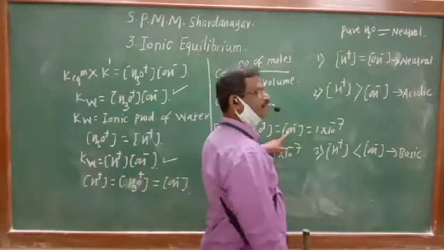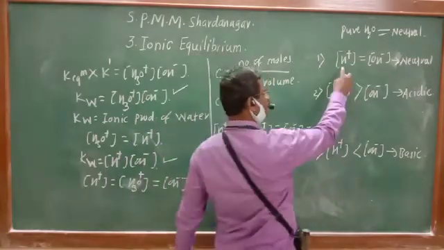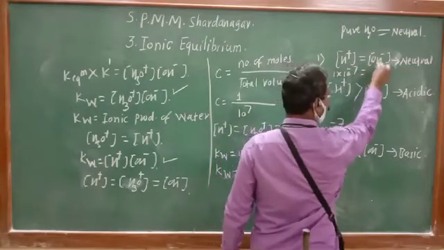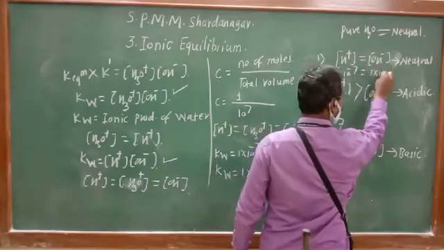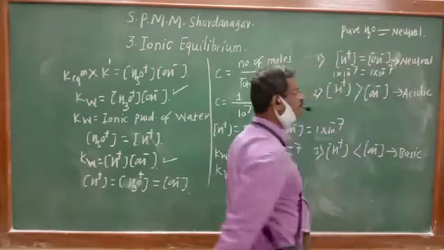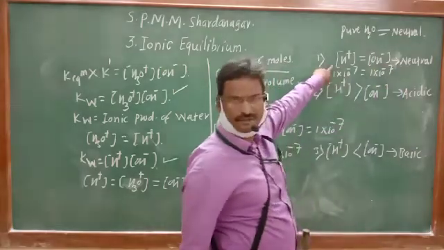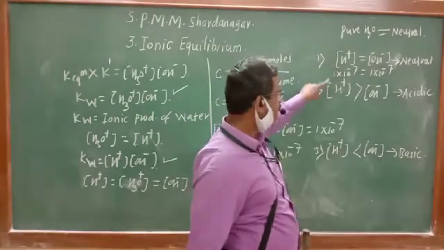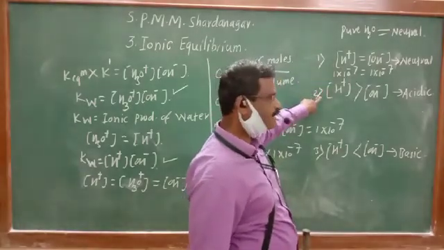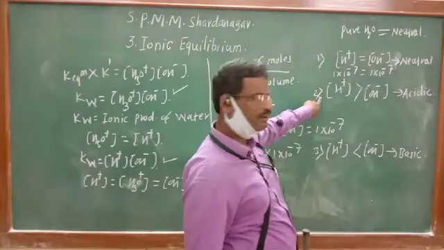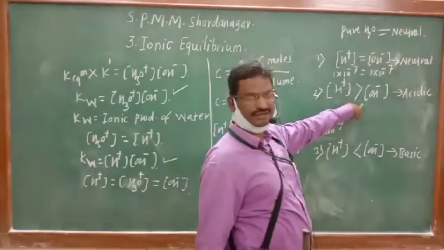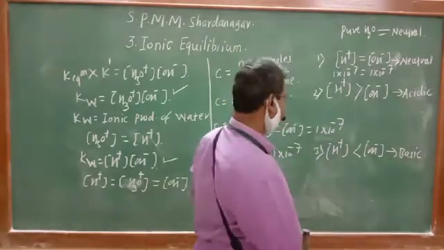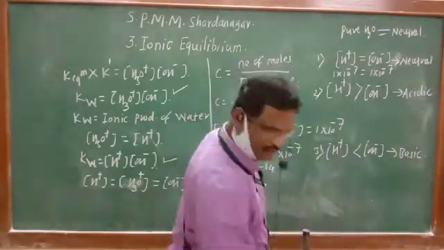So on the basis of the ionic product of water, H plus is 1 into 10 raised to minus 7, and OH minus is also 1 into 10 raised to minus 7. Therefore this is a neutral solution. Second type, if we take H plus ion concentration greater than OH minus ion concentration, this is an acidic solution. So you tell me, I am writing two conditions over here.